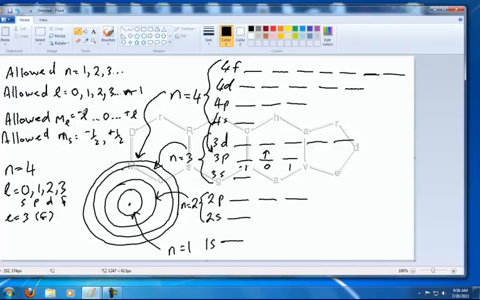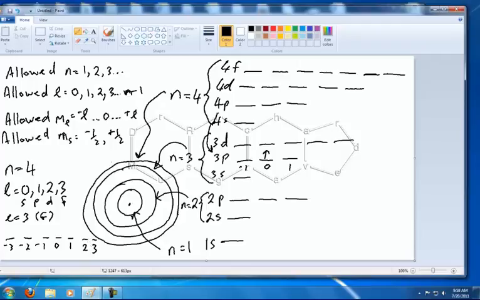We're allowed to have negative L to plus L, so it would be negative 3 to plus 3. And that's how we get that an F sublevel has 7 orbitals, because we can go from negative 3 to plus 3. And then of course we can have the electrons in here, and they can be up or down, and they could be in any one of these particular locations.